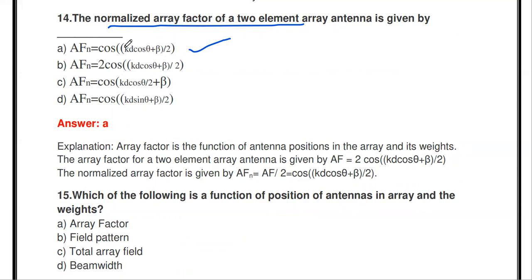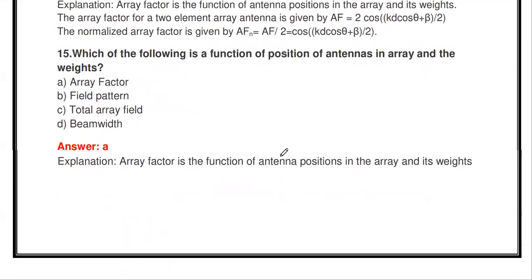So the answer is the first one, where d is the distance, k is 2 pi by lambda, and beta is the progressive phase shift. If it is a three element array, it is similar, except we have to divide by 3. So this is the array factor formula.